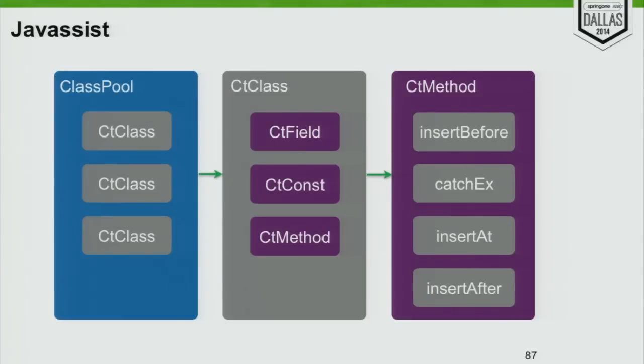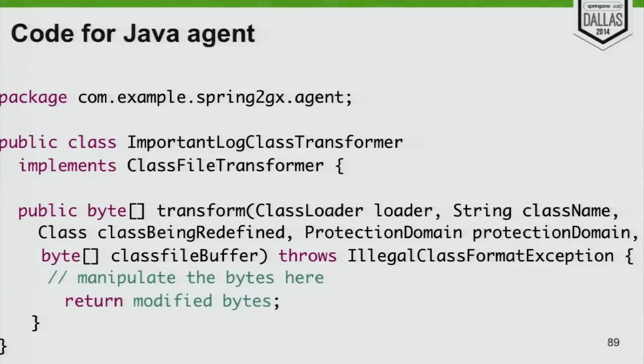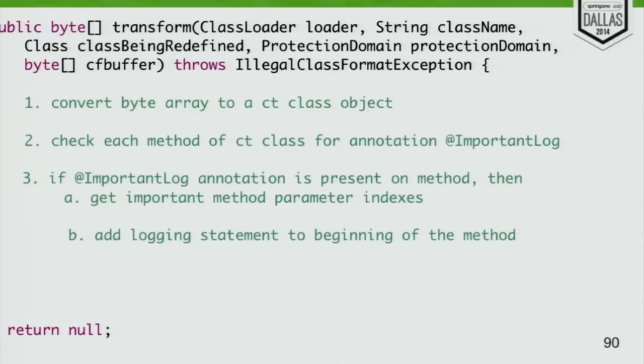So with this, we should be good. So now let's go look at the code. We start again with our agent, pre-main, and our class transformer. Now in our transform, for our audit logging application, we're going to want to take the bytes of the class and convert it to a CT class object.